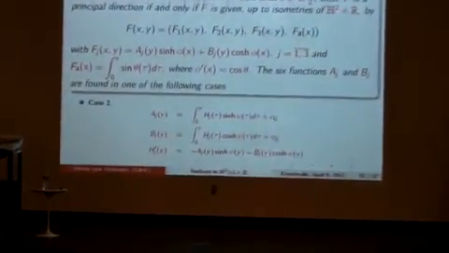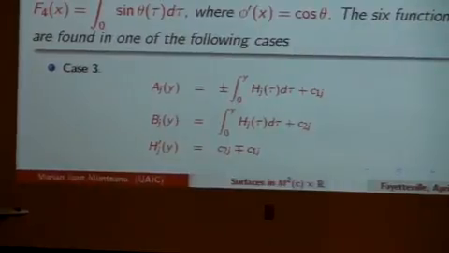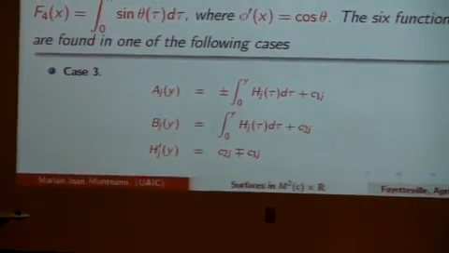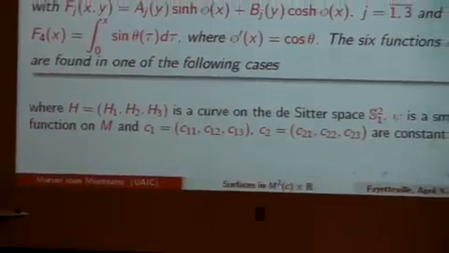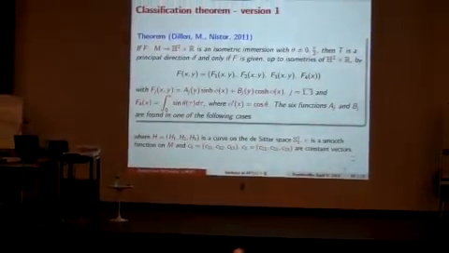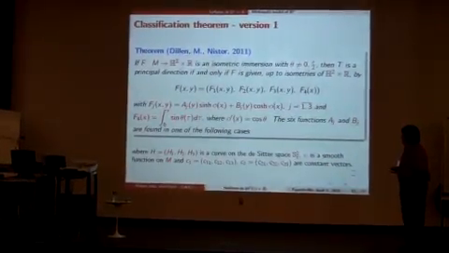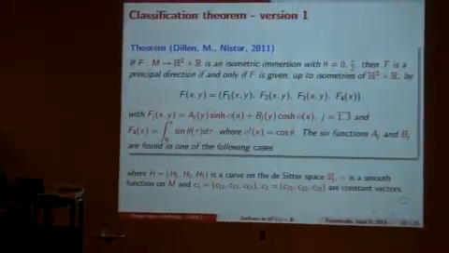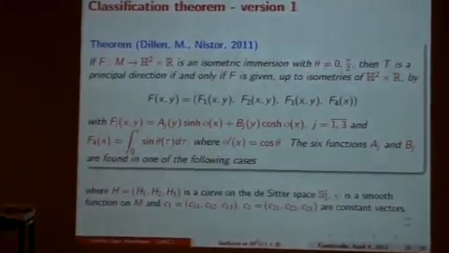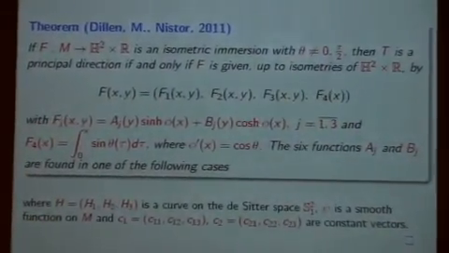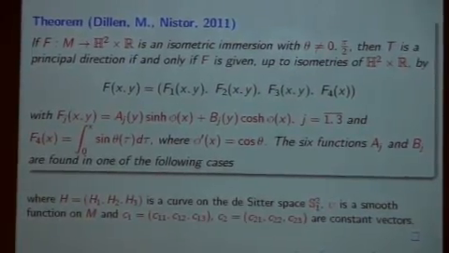They look more or less the same, but they correspond to two different situations. The fourth component is the primitive of sine theta. The first three components are a combination of hyperbolic sine and hyperbolic cosine of a primitive of cosine theta.